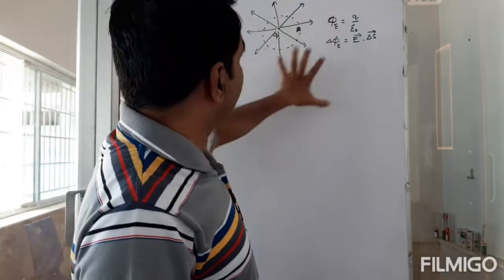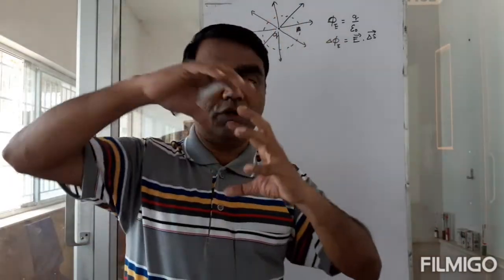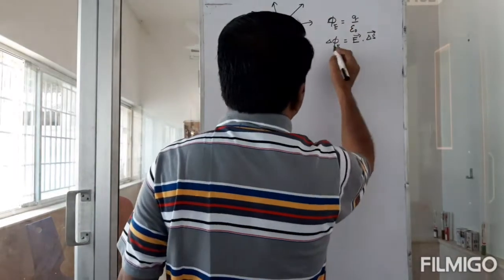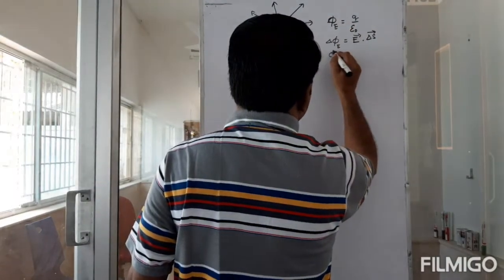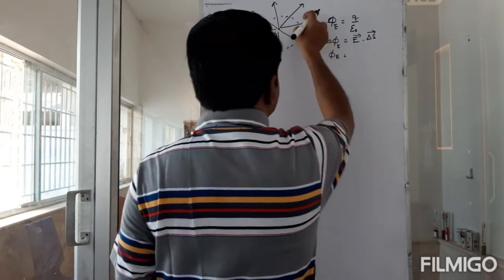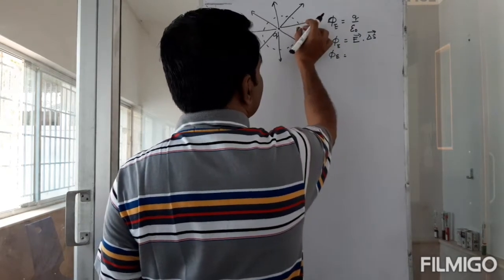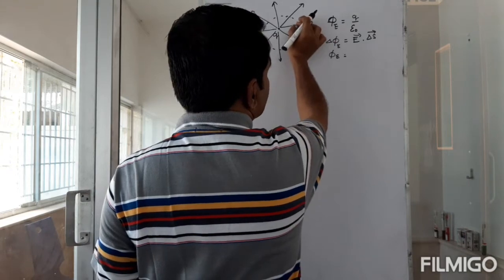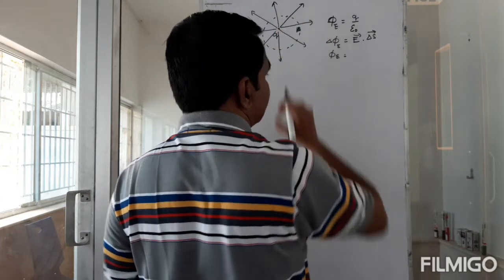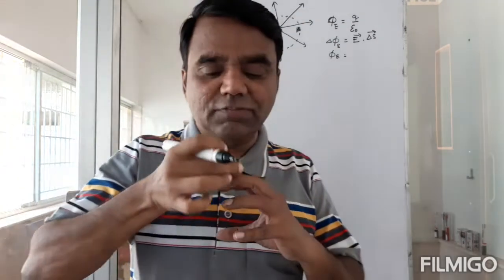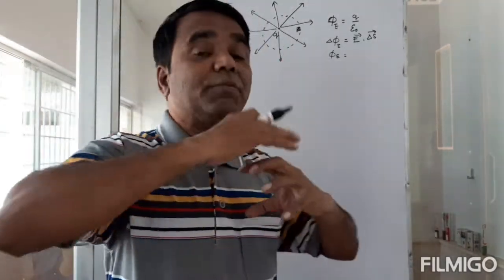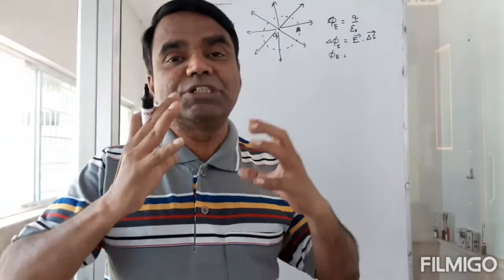And if you do it for the entire area of this imaginary sphere, then I should be able to get the total flux. So the flux coming through this small area, another small area, another small area, if we add all the flux coming through all these different areas, then I'm going to get the total flux which is coming out of the sphere. Right?